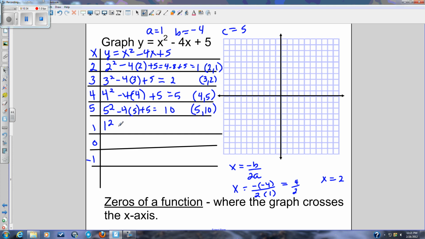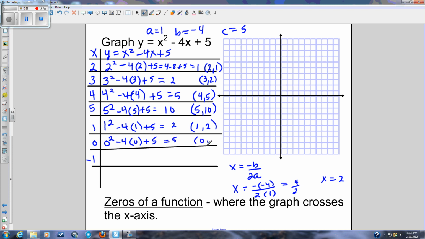1 squared minus 4 times 1 plus 5. That gives us 2. Notice the values are going to start repeating themselves, at least for the y values. So we have 1 comma 2. 0 squared minus 4 times 0 plus 5 gives you 5.